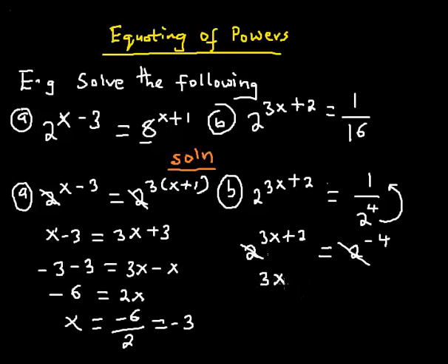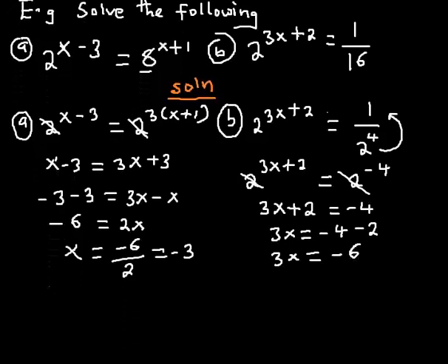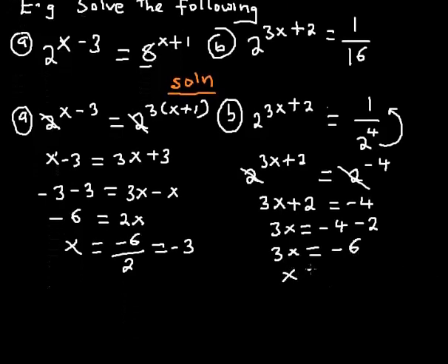I'm having 3x plus 2 equal to minus 4. Collecting like terms together, 3x is equal to minus 4 minus 2, so 3x is equal to minus 6. So my x is equal to minus 6 divided by 3, which is minus 2.